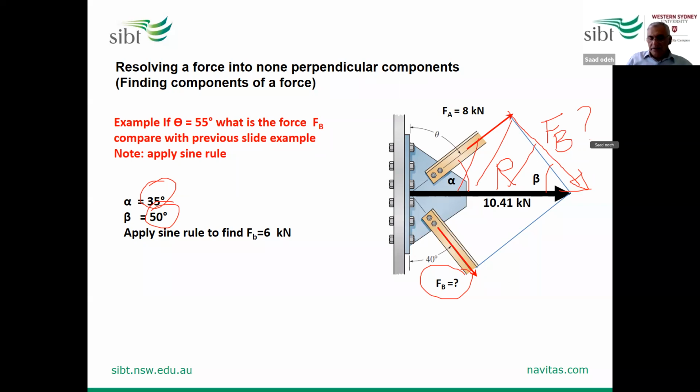If I apply the sine rule, what does the sine rule state here? If I have these two angles, I can say FA divided by the sine of the angle opposite to FA, sine beta, is equal to the force FB, which is the unknown force, divided by the sine of the opposite angle, which is sine alpha.